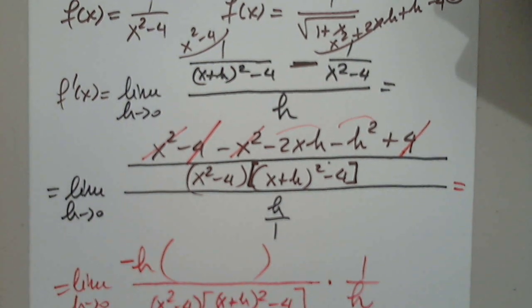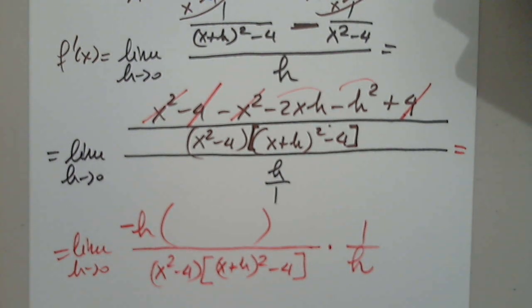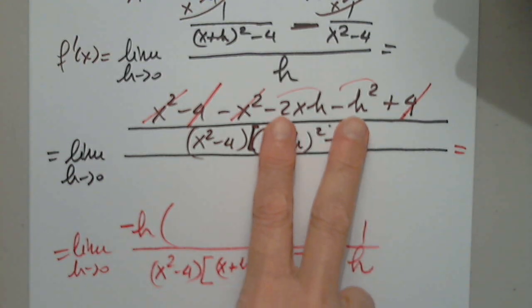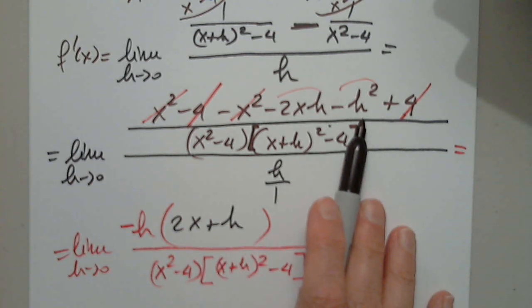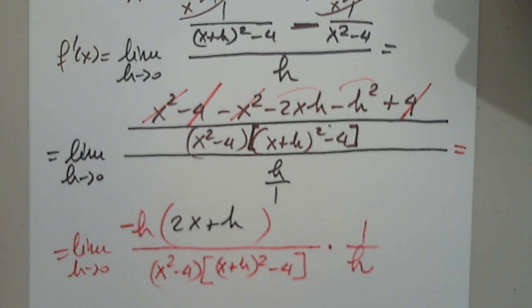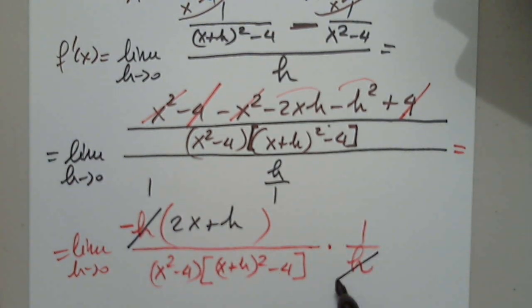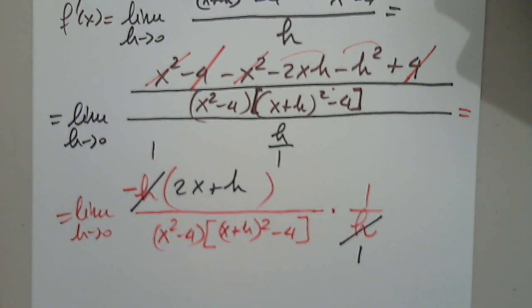So then what is left in parentheses? Two terms. I have to have two terms here. 2x minus h. Yes, but plus, remember, because negative h times 2x is negative 2xh, and negative h times positive h is negative h squared. Right. So now that's the second thing that has to happen.